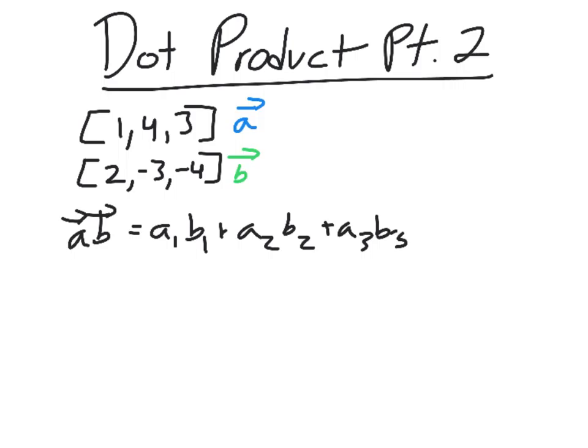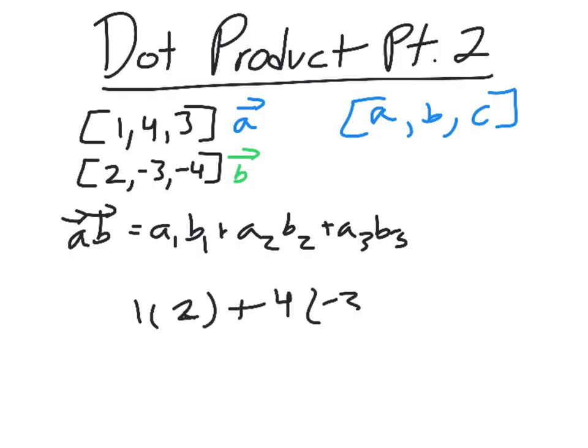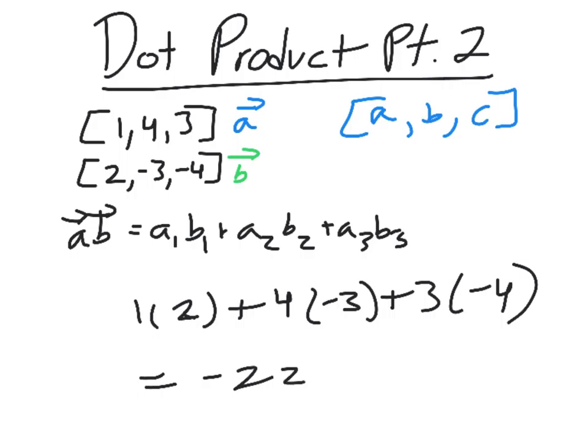Okay, so here on these vectors, the first number in the bracket is our A, the second number in our bracket is our B, and the third number in our bracket is our C. So now how we would write this is 1 times 2 plus 4 times -3 plus 3 times -4, which comes out to -22, and that is the answer for the dot product between these two vectors.